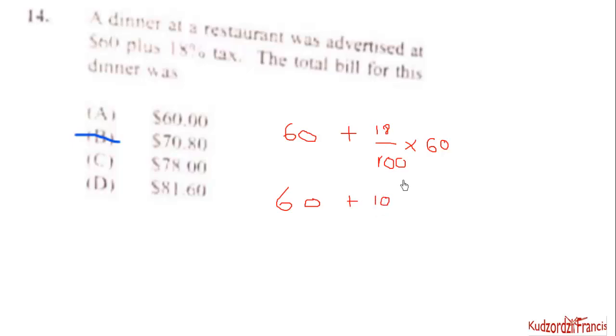This will give you 10.8 because you cancel this and this will cancel this. You are left with 18 times 6, which is 108 over 10, which is 10.8. So this will simplify to $70.8.